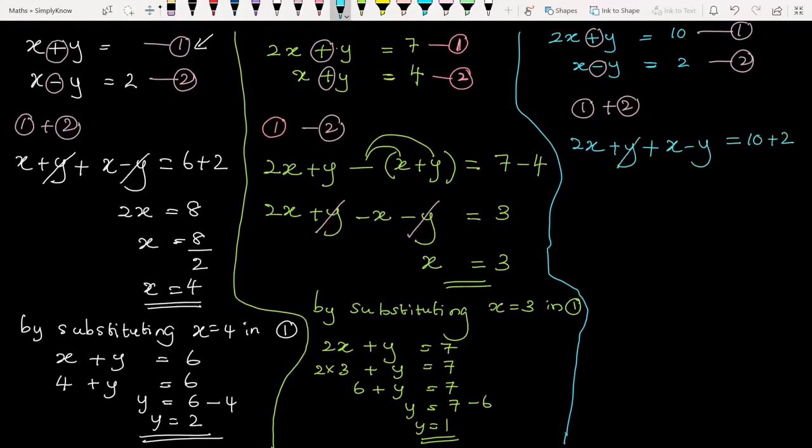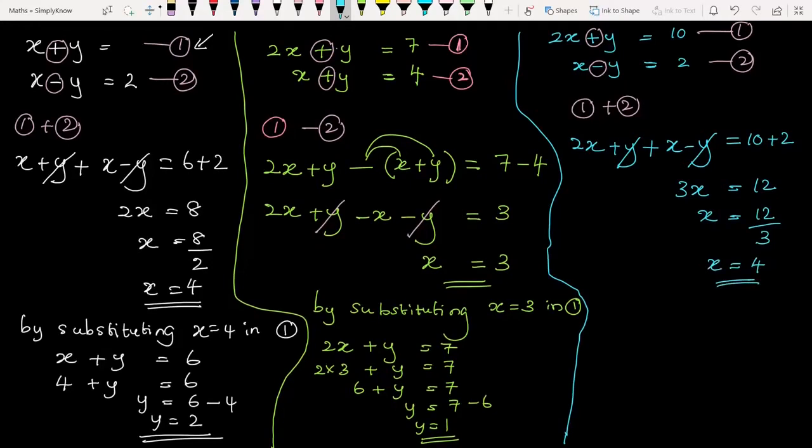Plus y and minus y will be cancelled off. Therefore, 2x plus x is 3x and 10 plus 2 is 12. So x equals 12 divided by 3, which is 4. X is 4.